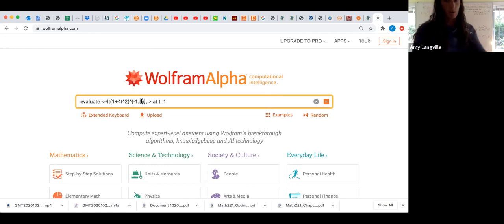Yep, okay, the next component is minus 8t squared times 1 plus 4t squared up to the minus 1.5 again, plus 2 times 1 plus 4t squared to the minus 0.5. Last component is 0.